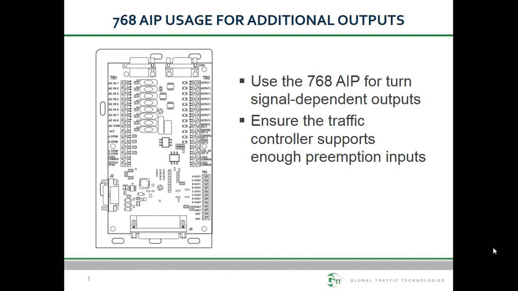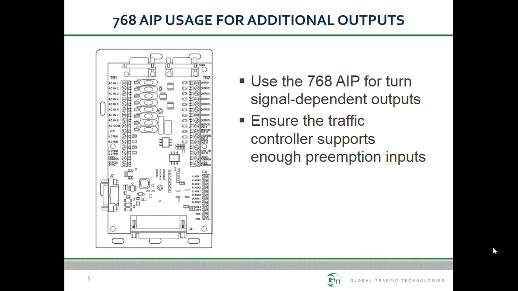One of these includes generating turn signal specific outputs for providing the option for the controller to call a different preemption routine for left-turning vehicle movements versus straight-through and right-turning vehicle movements. If this behavior is required, be sure that the traffic controller is capable of supporting at least 6 preemption inputs if there are 6 or more phases in the intersection.